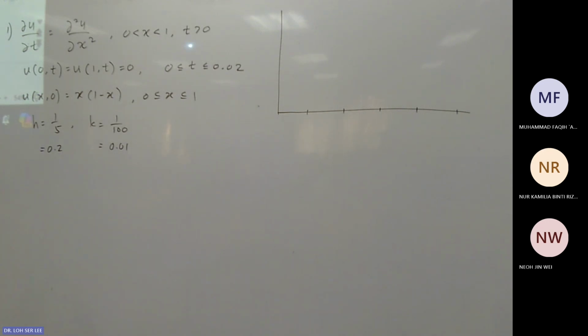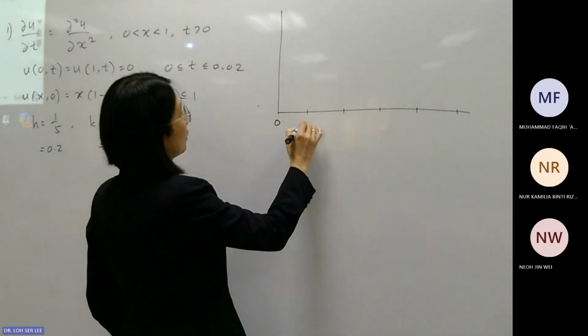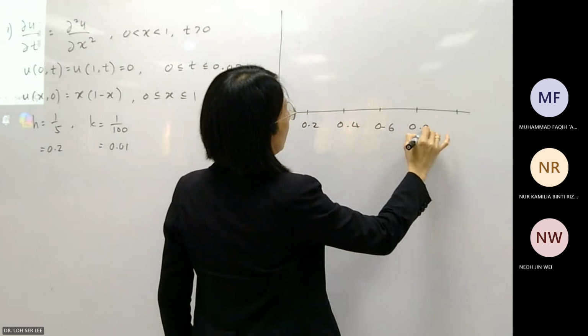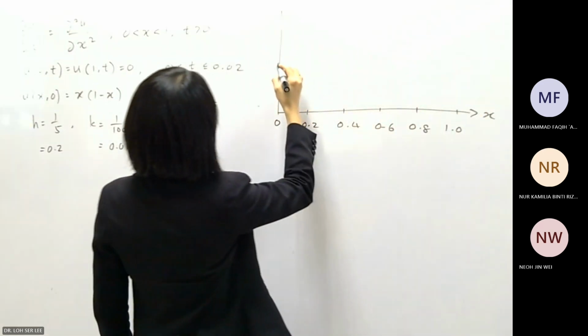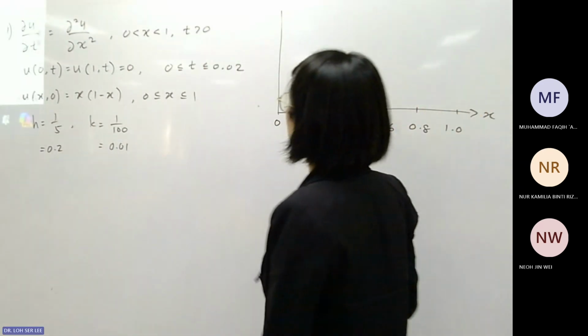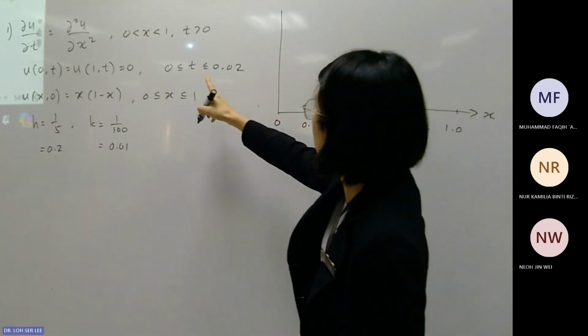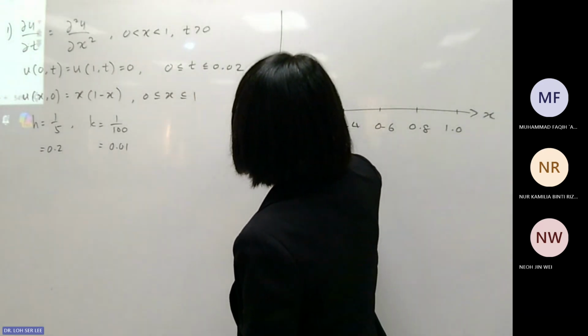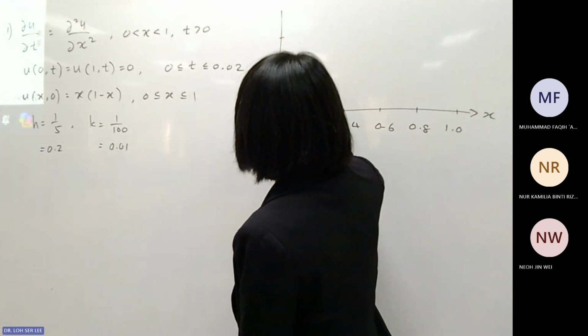So your x from 0 up to 1 with a step size of 0.2, and your t from 0 up to 0.02, with a step size of 0.01, which means you have only 3 values.